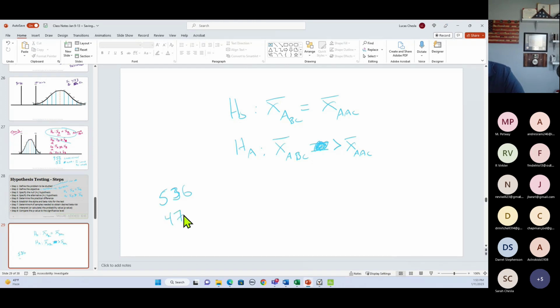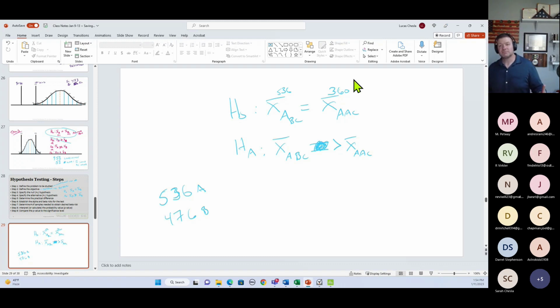The other one was 476 for B. So if team A, which is what we're focusing on here, has this average of 536, let's say we pull an average afterwards, we run it, we got a new process in place, and we pull a number that says 360, for instance.